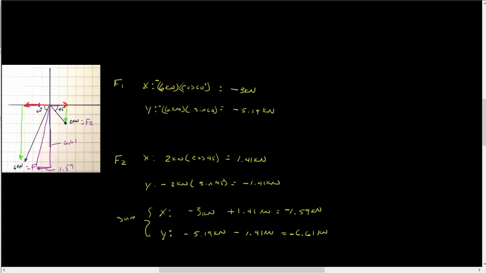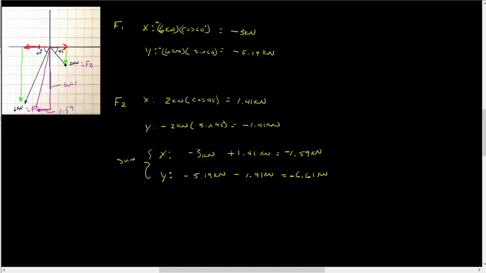Now we don't really need to worry about the positive negative at this point in time. So how do I solve for a hypotenuse given that this is a right triangle, 6.61, 1.59? We use the Pythagorean theorem. So my force resultant, which is my line here, is going to equal the square root of 6.61 squared plus 1.59 squared.